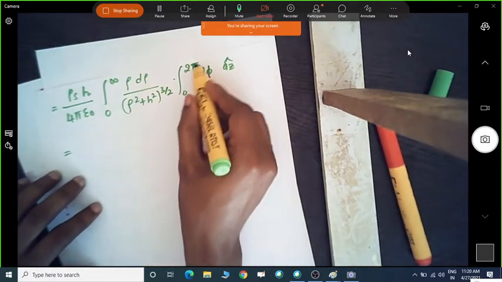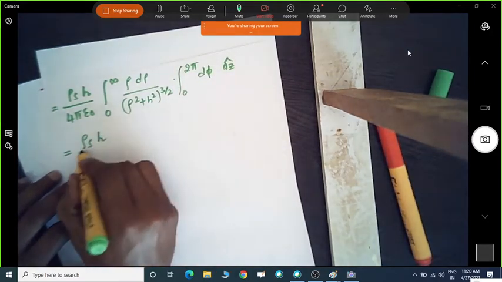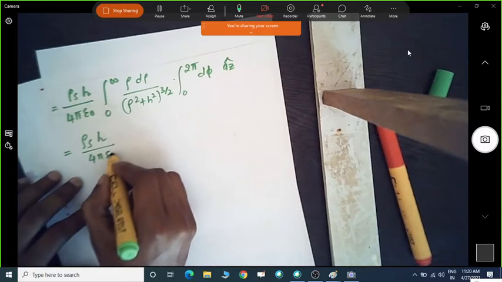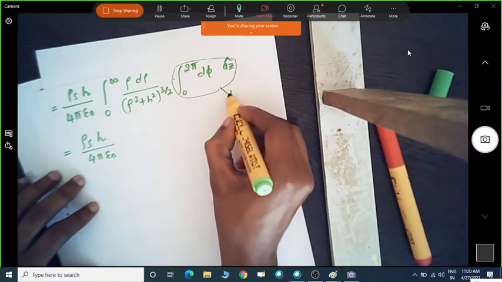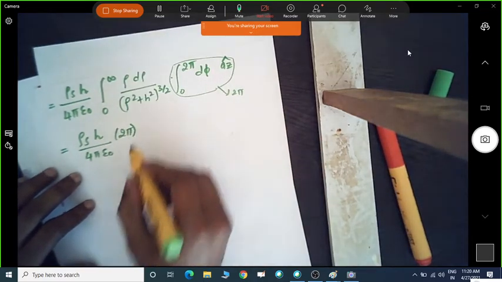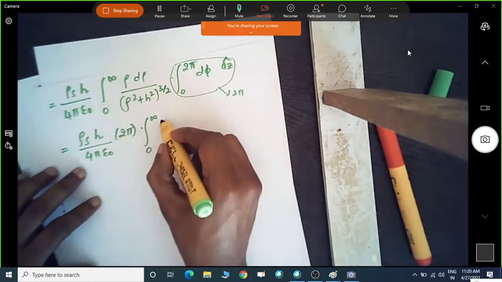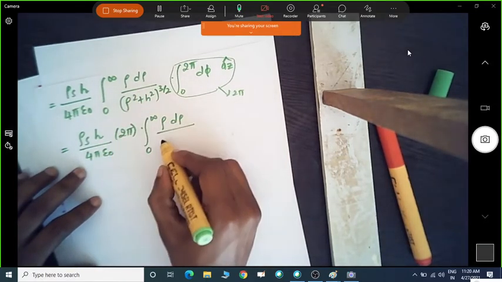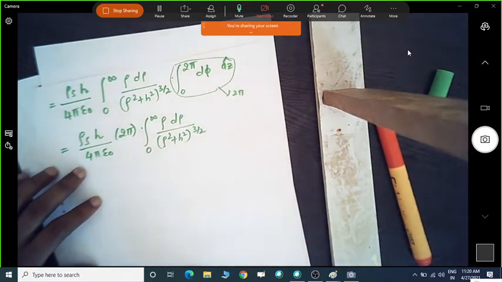So if you integrate this, it will give 2 pi. Okay, rho_s h divided by 4 pi epsilon naught. So this integral results in 2 pi, and we are left with the integration of rho, that is rho d rho divided by rho square plus h square whole power 3 by 2.